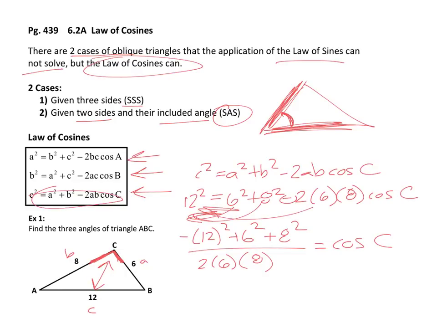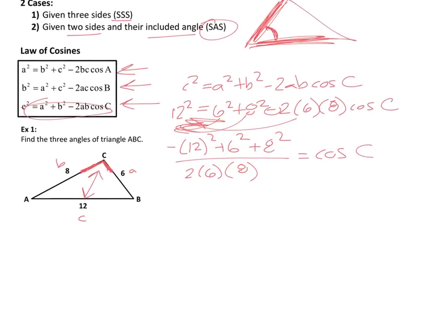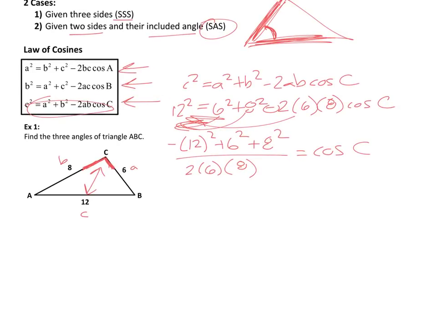Simple algebra to isolate cosine of C. Now the next step, I simplify and I get negative 0.458 is equal to cosine of C. And then I take the inverse cosine of both sides and I end up with this.